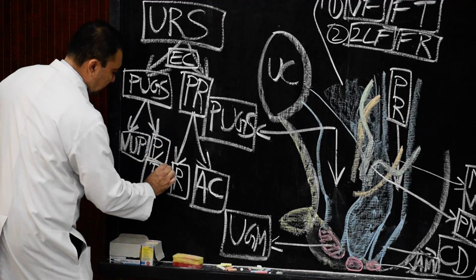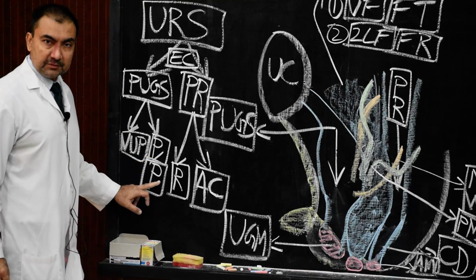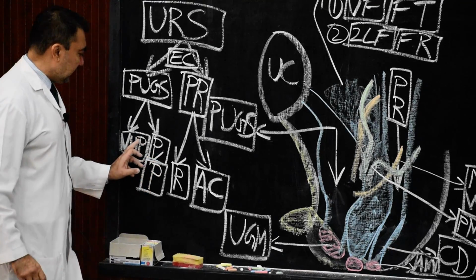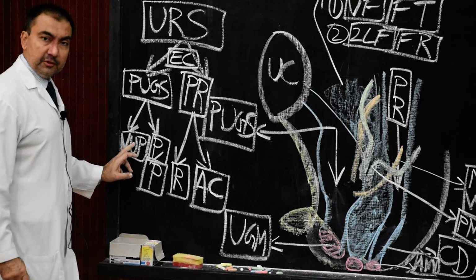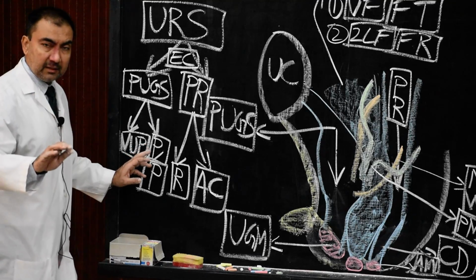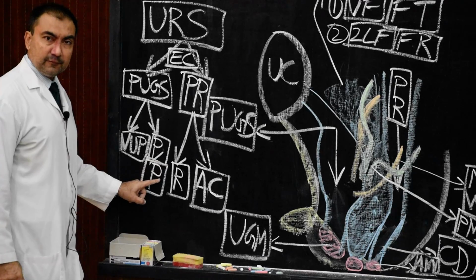These two are the lower segments, pelvic portion as well as phallic portion. So total three parts. The upper part is called vesico-urethral part, and the lower part is divided into two, the upper pelvic, lower phallic.